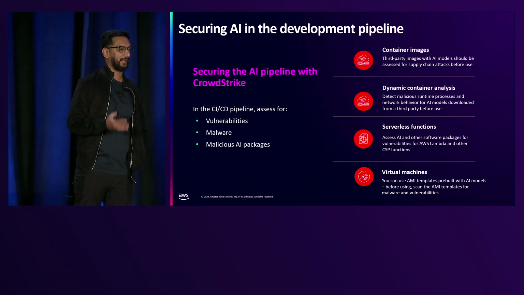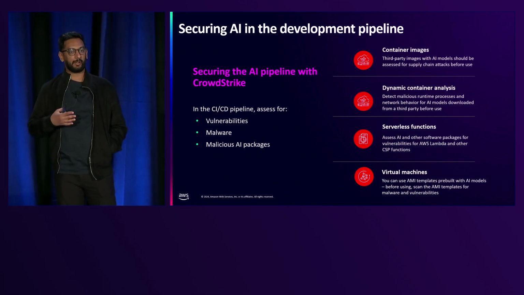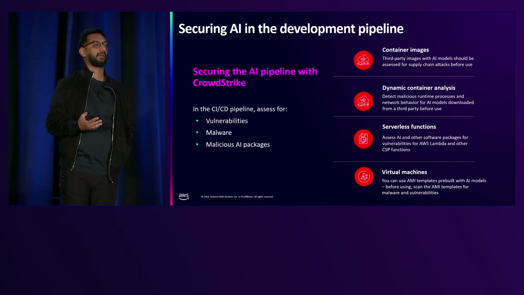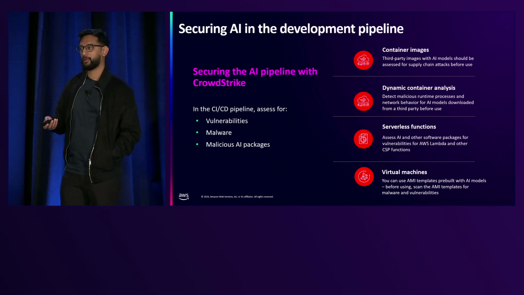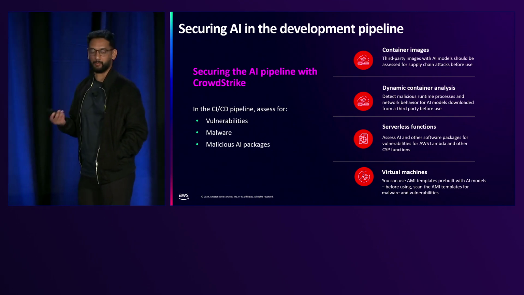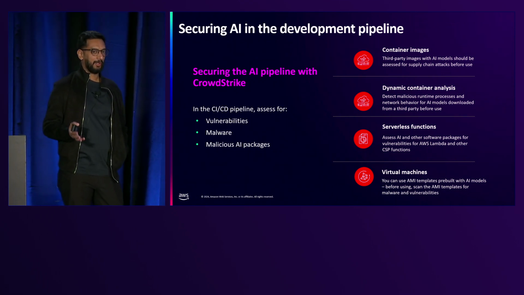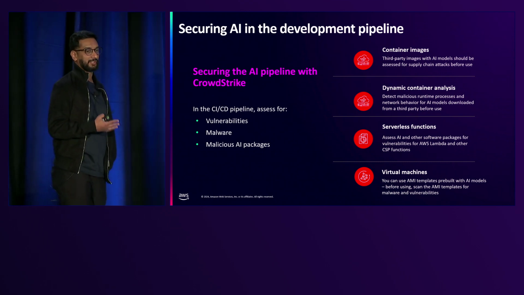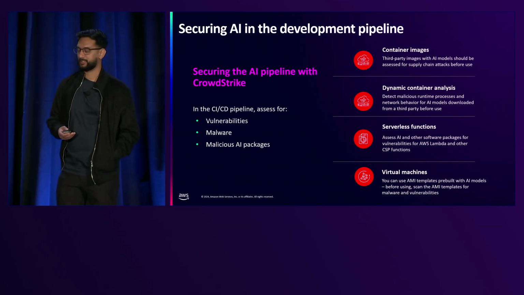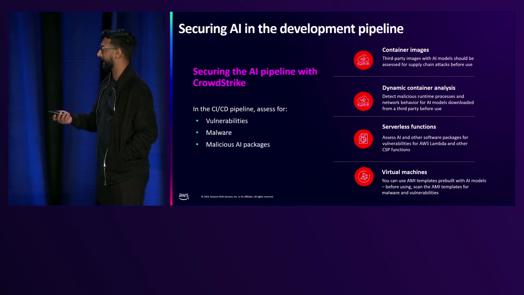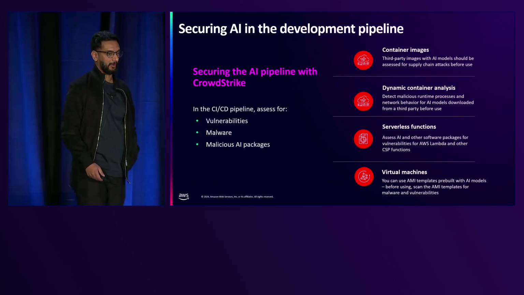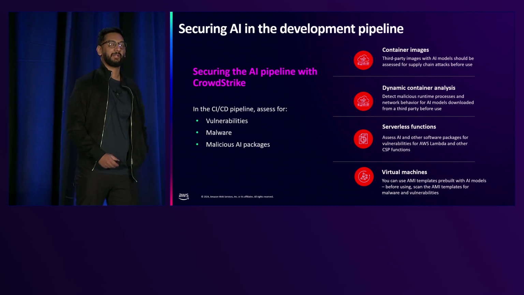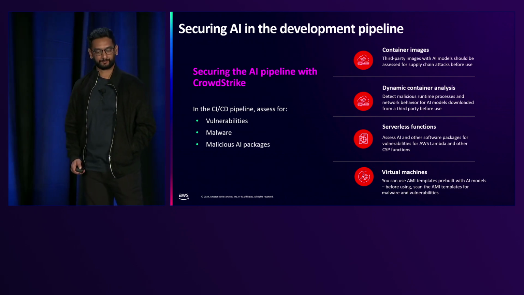Now, static scanning only can go so far, but when we do dynamic container analysis, we might start seeing interesting things and then ensure that the container should not be deployed. So of course, things like serverless functions, which now have containers themselves, we can scan for those. And of course, we have APIs to ensure that virtual machine images can be scanned as well.